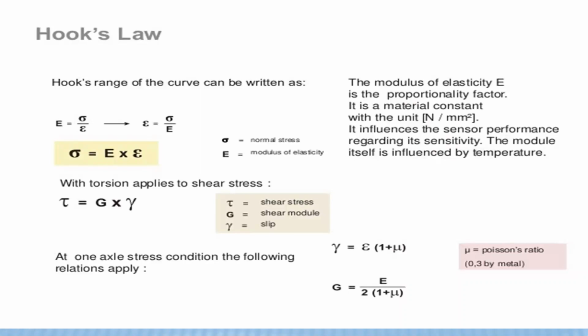How the strain obeys Hooke's law: it can be written in terms of the modulus of elasticity, which is denoted by E. E is equal to sigma by epsilon.